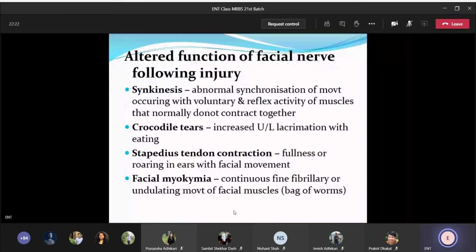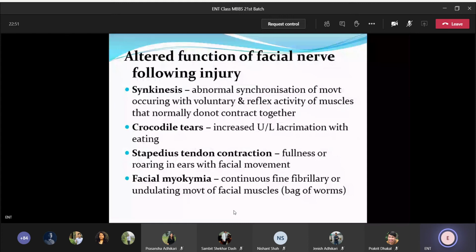What will happen to the facial nerve once it is injured? There may be synkinesis, abnormal synchronization of movement occurring with the voluntary or reflex activity of muscles that normally do not contract together. So one group of muscle will be activated along with another group, or another reflex activity will be stimulated, which is not normally related, like crocodile tear.